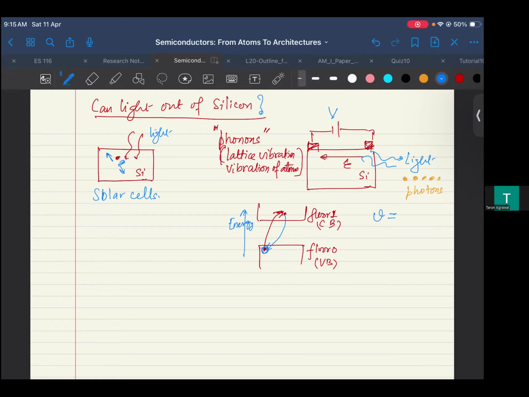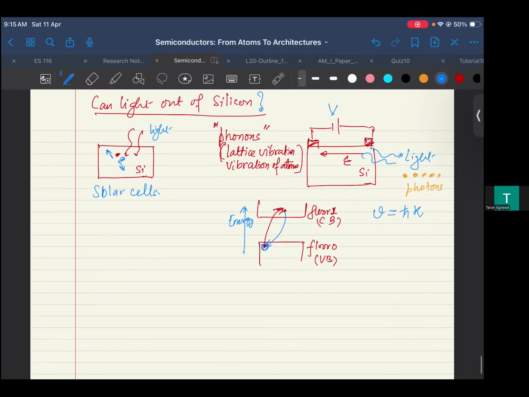And this velocity we can relate to something called the momentum of the electron. I think you know this already. Momentum is very similar to a ball's momentum, but here we are putting this momentum as the wave number.